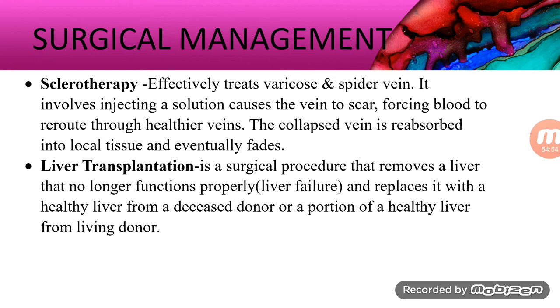Then liver transplantation is also one choice of treatment for liver cirrhosis, and it is a surgical procedure that removes a liver that no longer functions properly. It can be part of a liver or the whole liver we can remove. The already damaged liver we will remove and then replace it with a healthier liver from a deceased donor, which means we will remove the whole liver from the dead donor and replace it, or a portion of a healthy liver from a living donor.